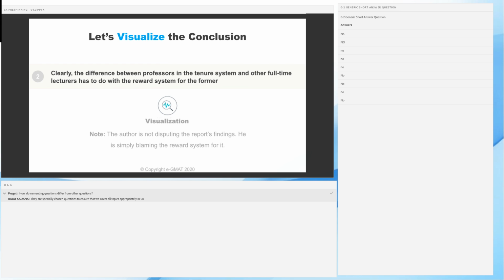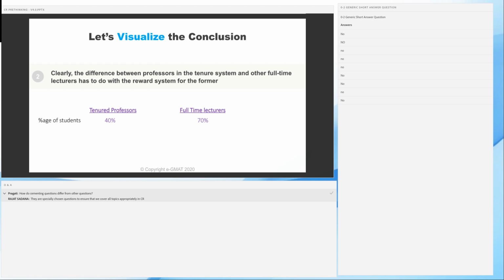So let's visualize the conclusion. The conclusion says the difference between the professors in the tenure system and other full-time lecturers has to do with the reward system for the former. So essentially, we've got to bring the prior statement here: tenured professors only help 40% of the students improve significantly, whereas full-time lecturers help 70% of the students improve significantly.